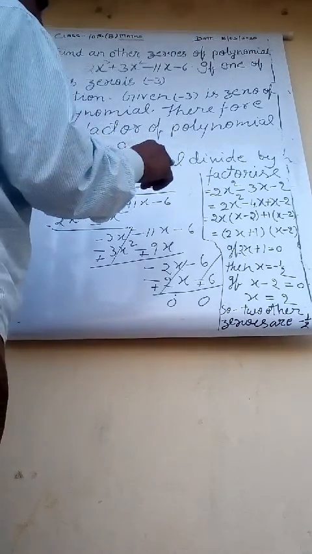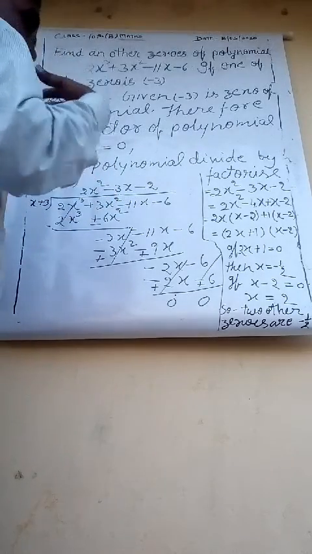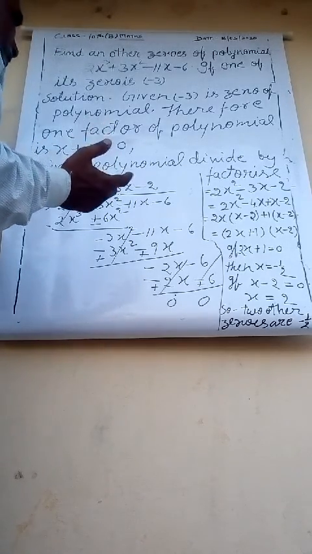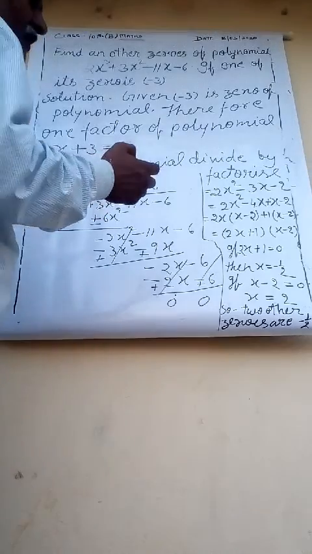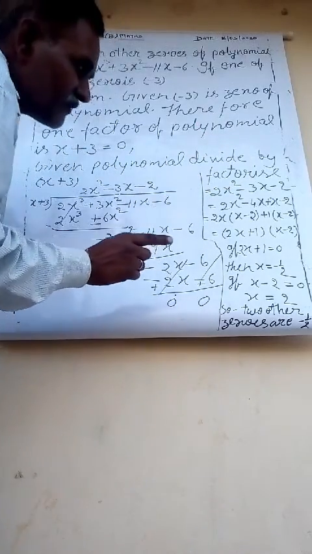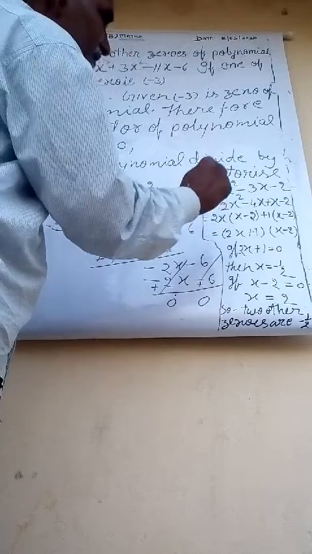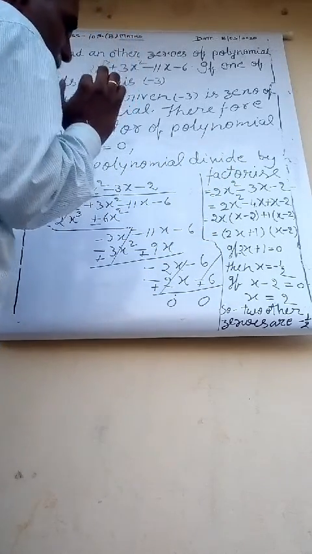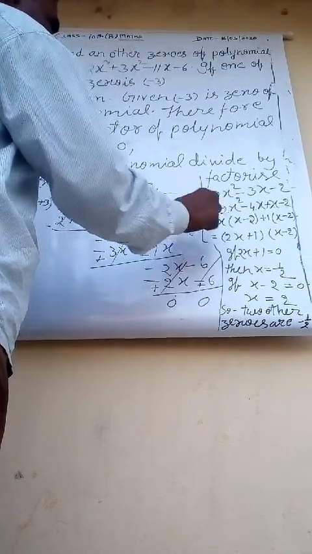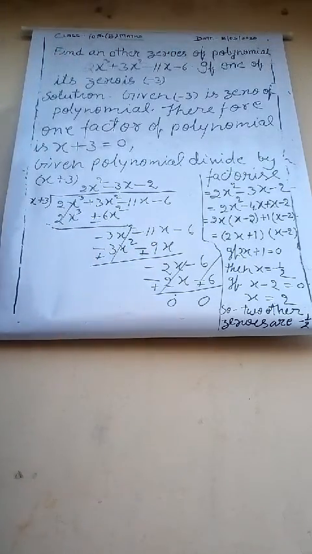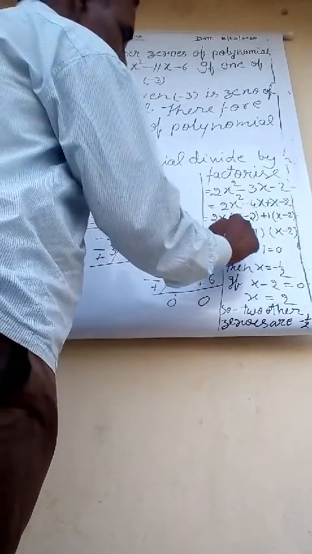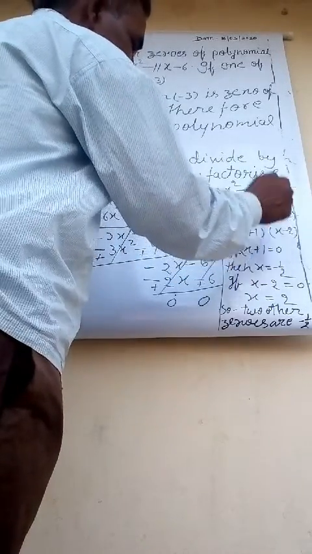Now factorize the quotient 2x square minus 3x minus 2 by the splitting rule. 2x square minus 3x minus 2 is equal to 2x square minus 4x plus x minus 2. We get factors 2x plus 1 and x minus 2.